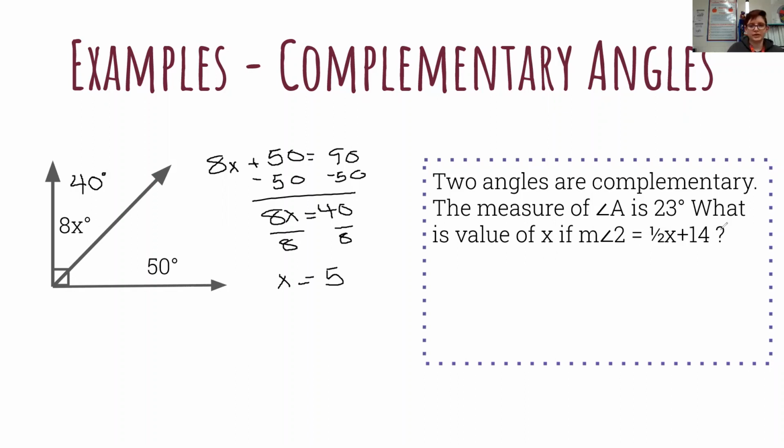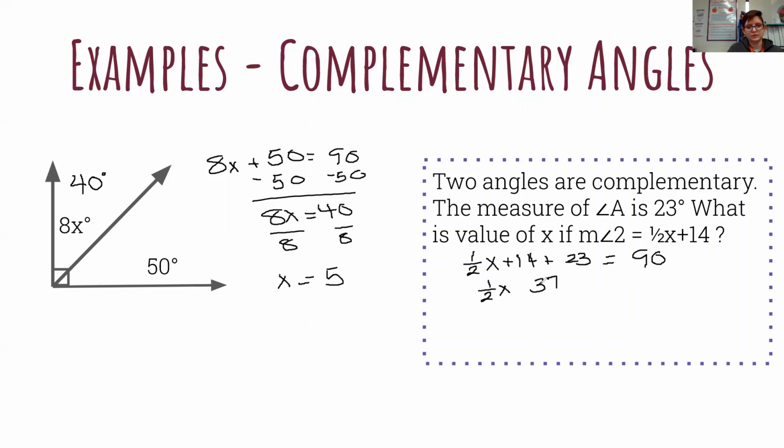Our last complementary example. Two angles are complementary. What is the measure of angle A? Well, the measure of angle A is 23. What is the value of x in the measure of angle 2? So again, we have two that we know are complements. So we have 1/2 x plus 14 plus the 23, which is angle A, equals 90 because they're complements. I'm going to combine my 14 and my 23 and get 37.